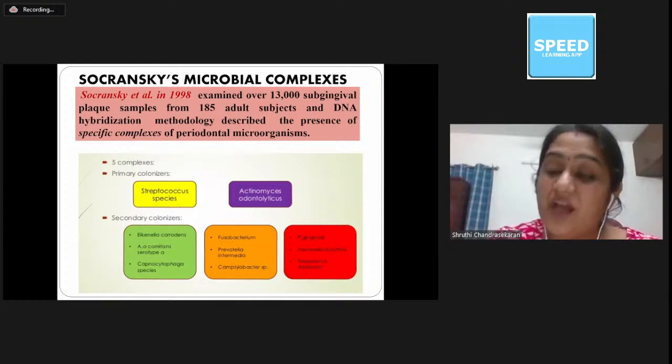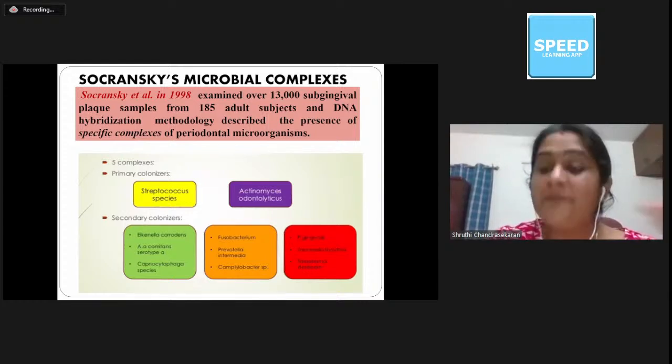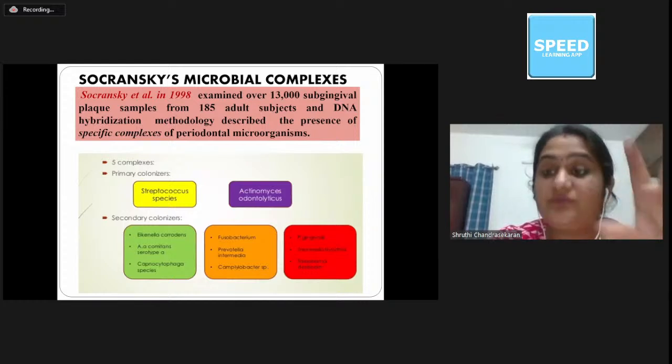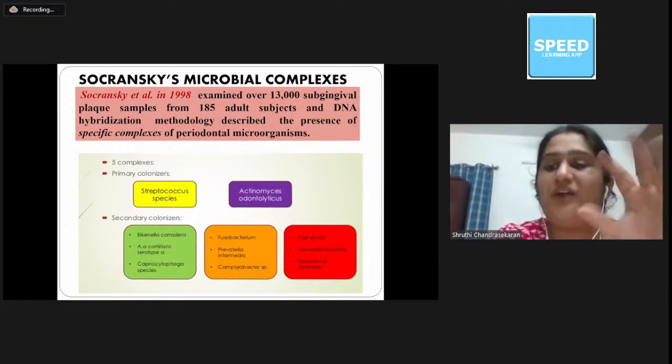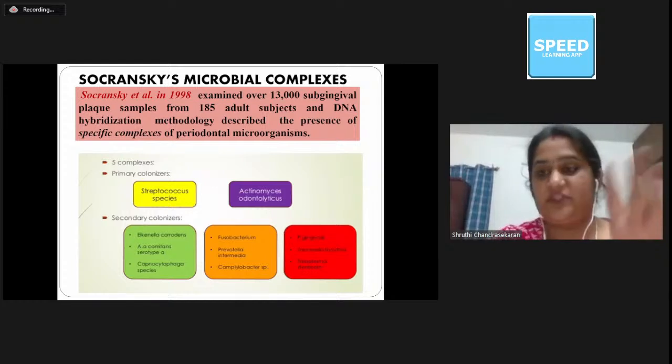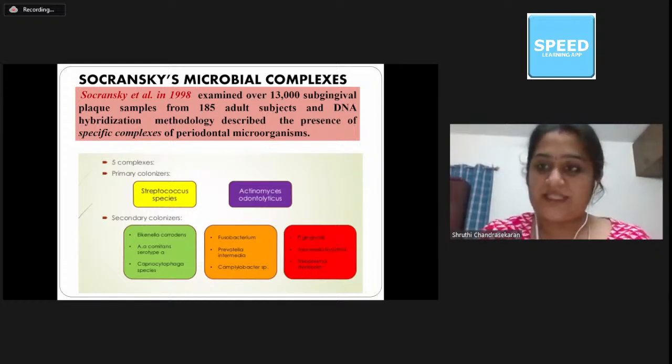And how did he classify them? It is based on the role that they play in periodontal health and periodontal disease progression. Please remember, the microbial complexes are classified based on the role of the bacterial group in periodontal health and disease progression. Depending upon this classification, he gave 5 complexes of bacteria.